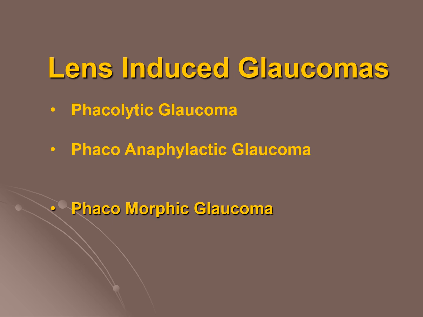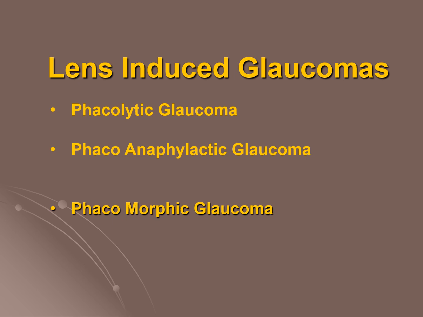So what are the lens-induced glaucomas? These are important for you and you must know what their types are. Phacolytic glaucoma is due to protein that comes out from the lens and settles down into the trabeculum. Phaco-anaphylactic is where the individual has a response against their own protein, causing inflammation, so anaphylactic uveitis.